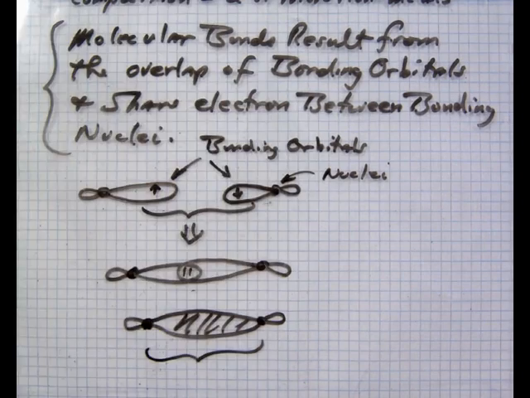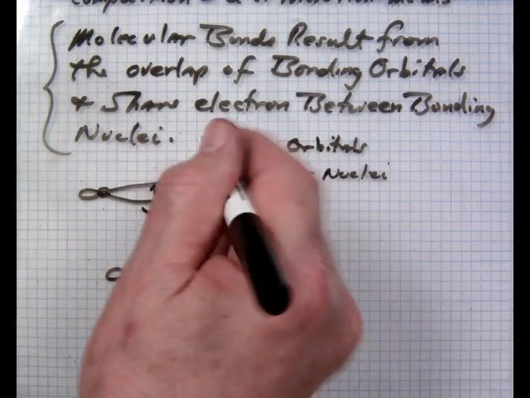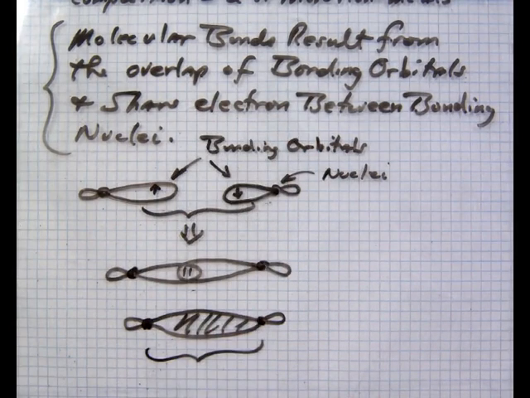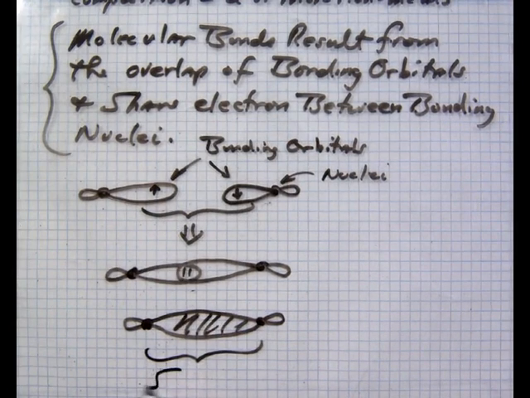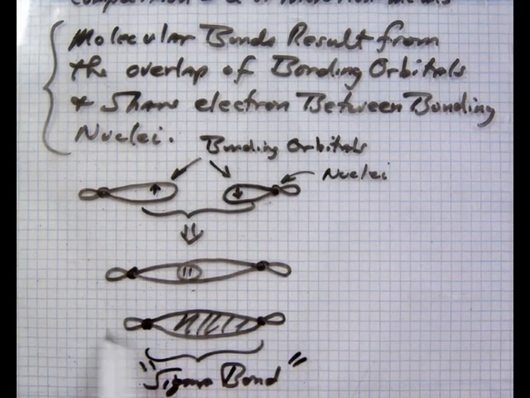When that blends together, it changes from a bonding orbital into what we call a sigma bond. And the characteristic of a sigma bond is that it is symmetrical about the nucleus. It has a line of symmetry through both nuclei.